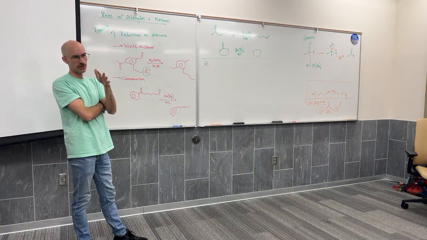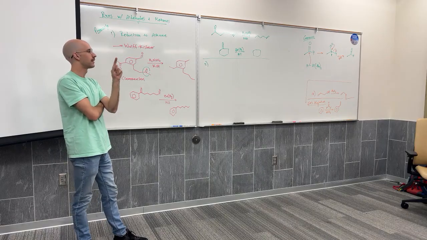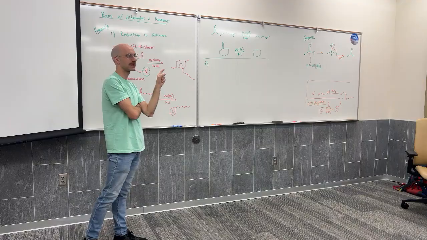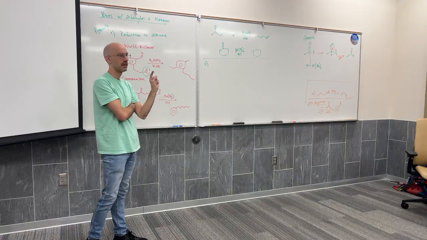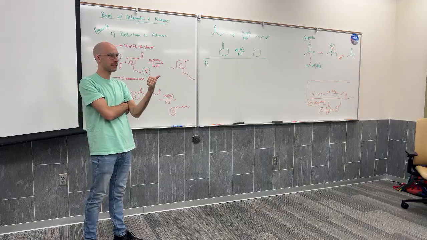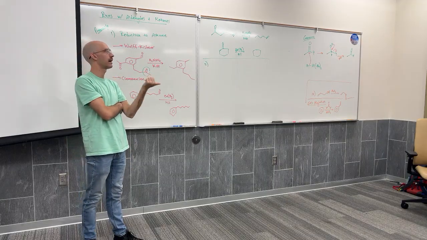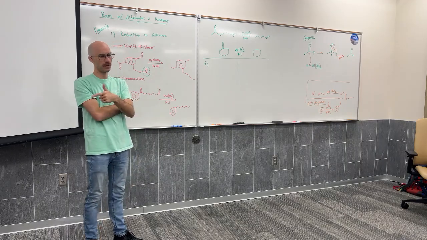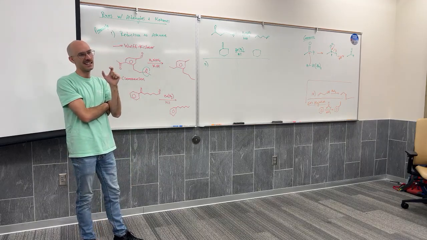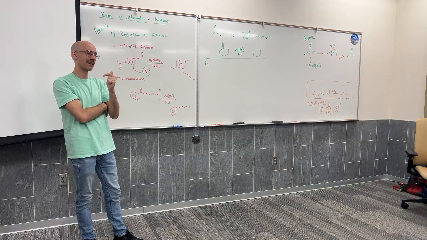I think maybe you could argue that we saw aldehydes and ketones during the EAS and NAS reactions because they are deactivators in EAS, they are activators in NAS. They're meta-directors in EAS, they're ortho-para-directors in NAS. But is it really because of the aldehyde or the ketone? Not really.